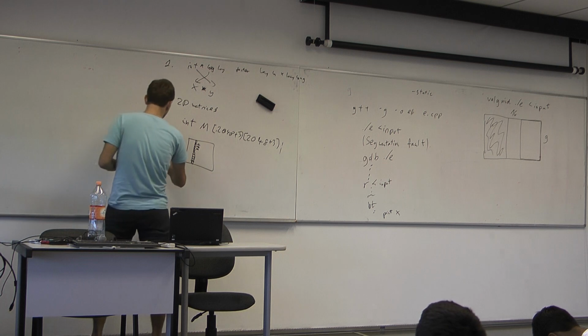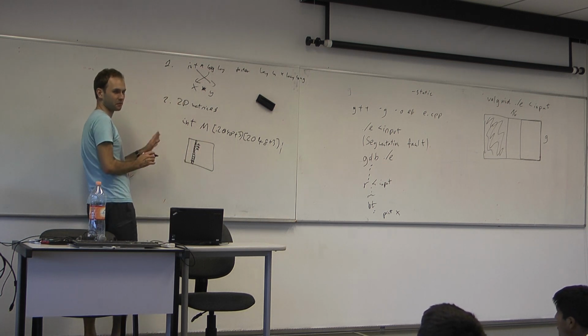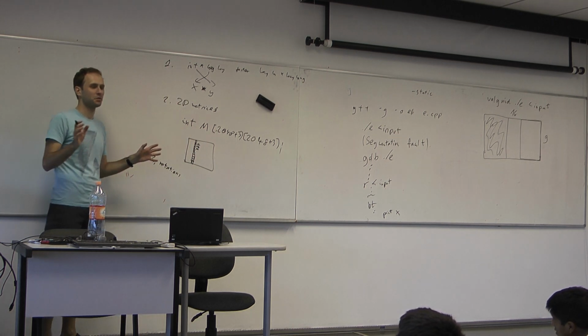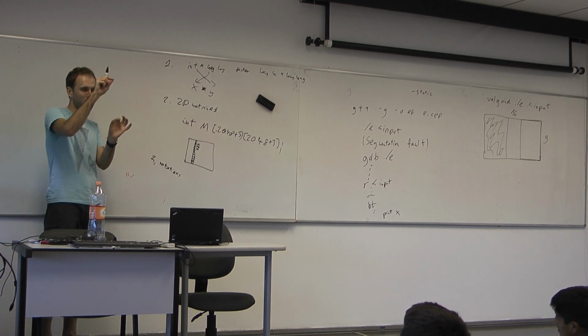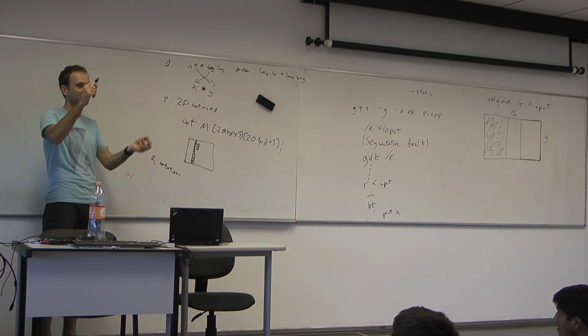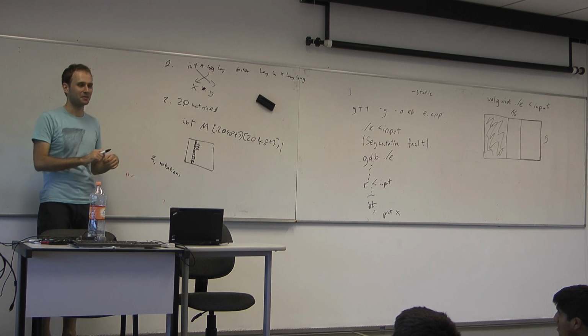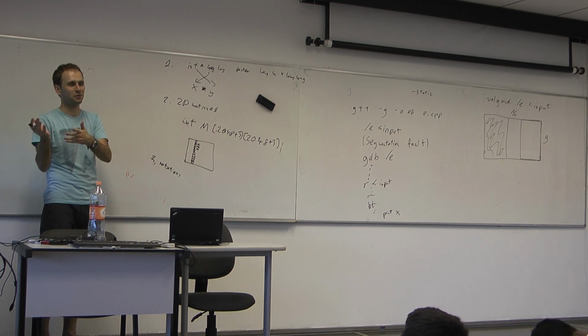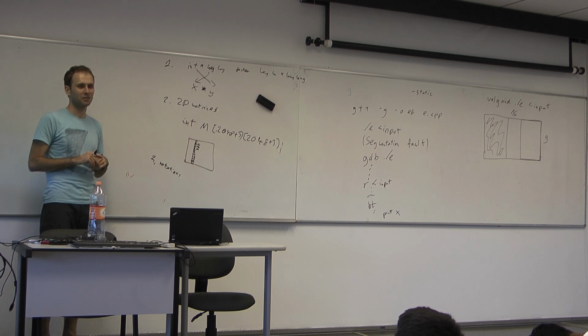Okay, number 3. This is a very specific one. This is for geometry. Rotations. Sometimes you have a geometry problem and you want to rotate some point by some angle. For that, you need to compute a sine of an angle and a cosine of an angle. So you have a function to compute a sine, and it gives you a sine. You have a function to compute a cosine, which gives you a cosine.